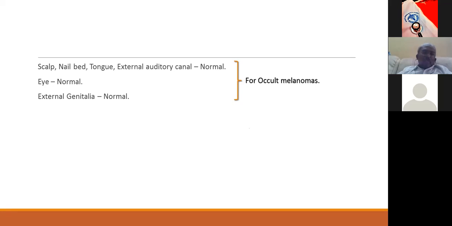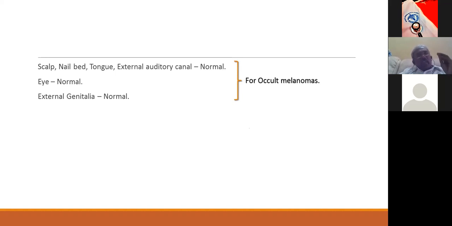All right. So you categorize into non-specific locations, the uncommon locations, which are categorically mentioned: the ungual, oral, external auditory canal, or orbital. Then comes the GI tract. Most of the time, GI tract is an incidental diagnosis, or when it is diagnosed, it is metastatic.